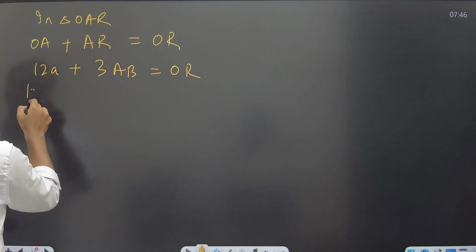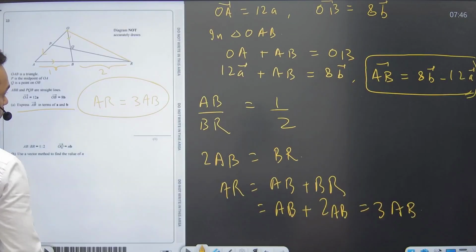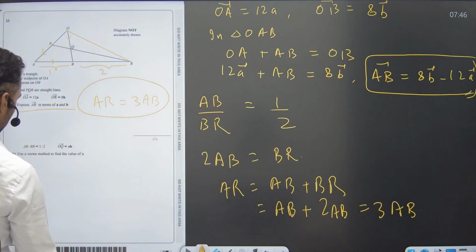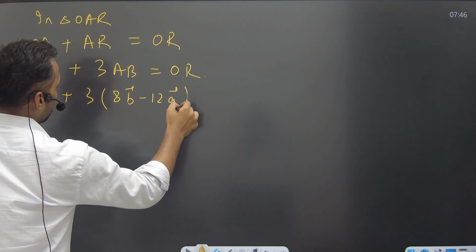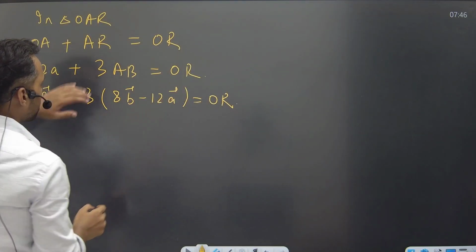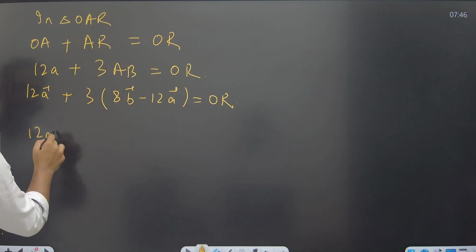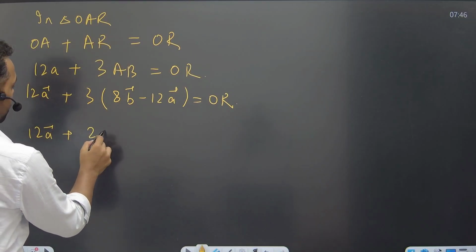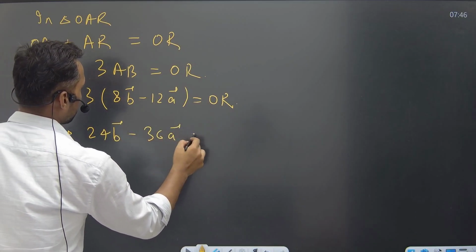So 12A vector plus 3AB. What was AB? We have calculated it there: 8B minus 12A. So 12A vector plus 3 times (8B vector minus 12A) equals OR. We have substituted the value of AB. So 12A vector plus 24B negative 36A vector is equal to OR.